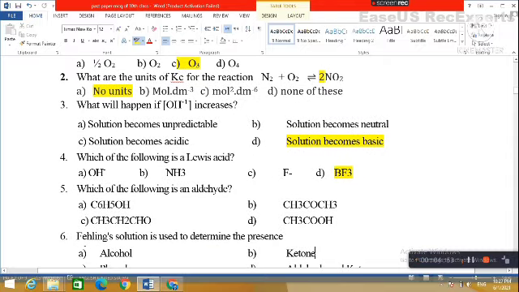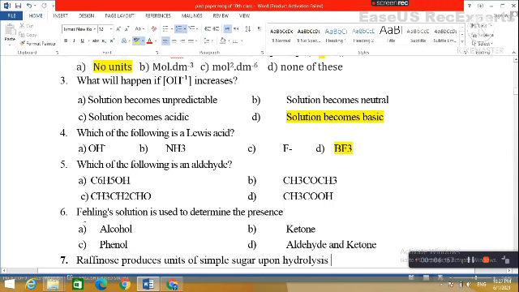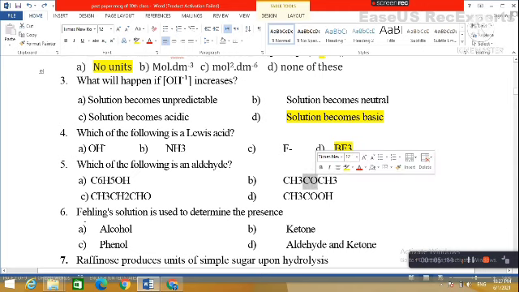Question number 5, which of the following is an aldehyde? This MCQ is from the functional group topic. Option A, C6H5OH. OH stands for the alcohol. Option B, there is a CO, which is the carbonyl group.